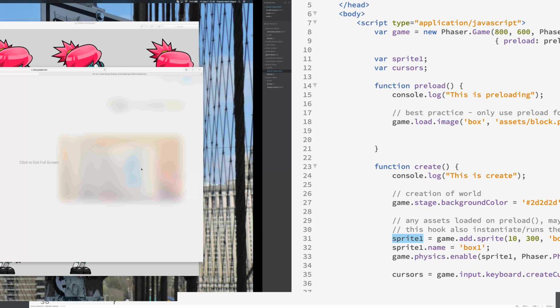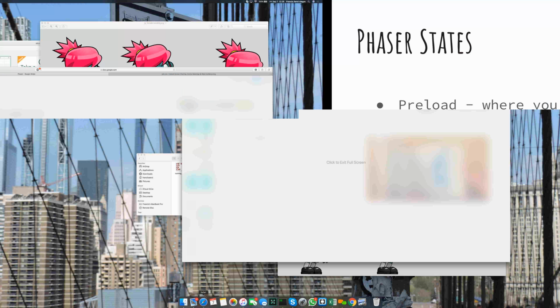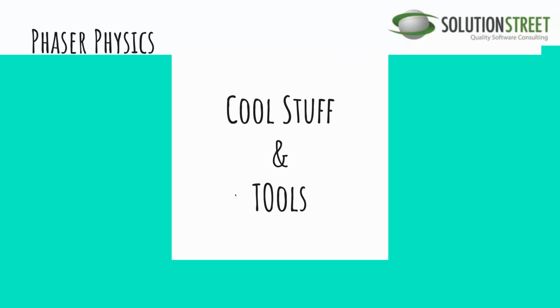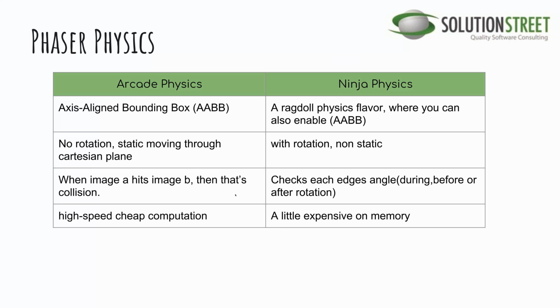Okay. Now we're going to go to the cool stuff and tools. We'll start first with Phaser physics, and I like to talk about this because there's a difference between the physics that we do in class and the game physics, although they have similarities.